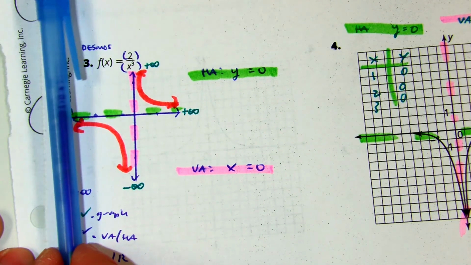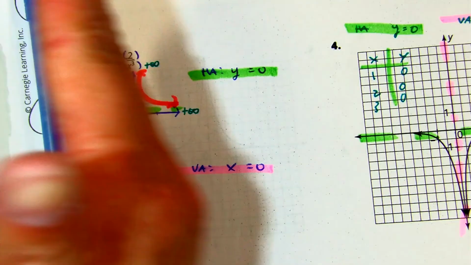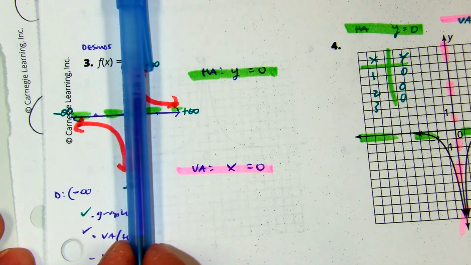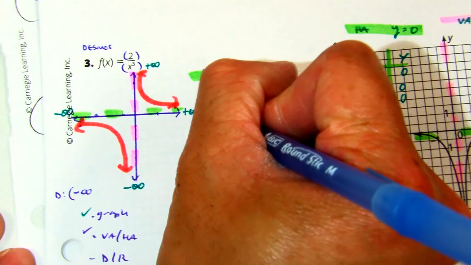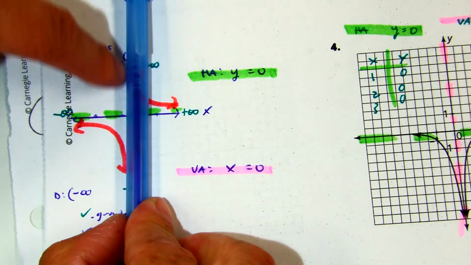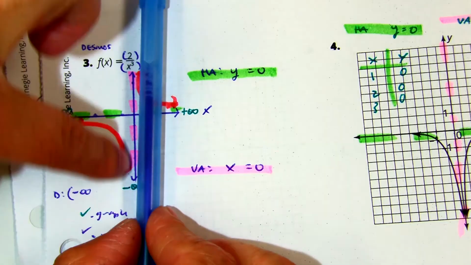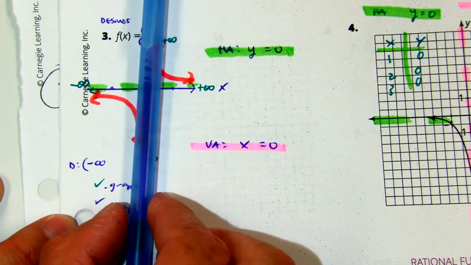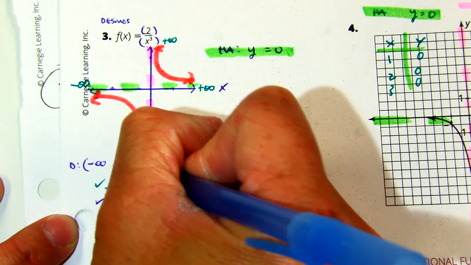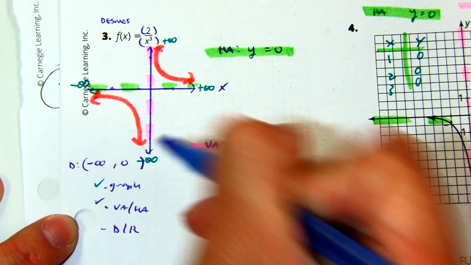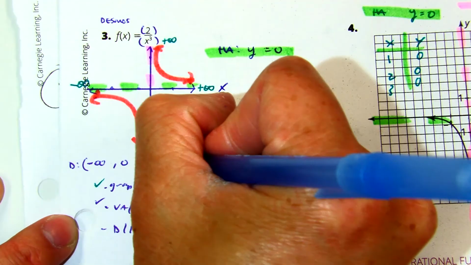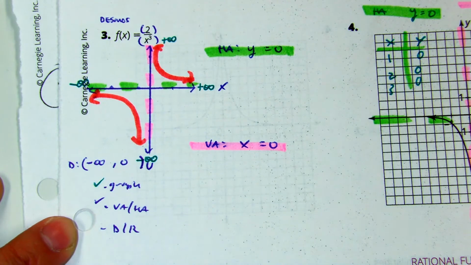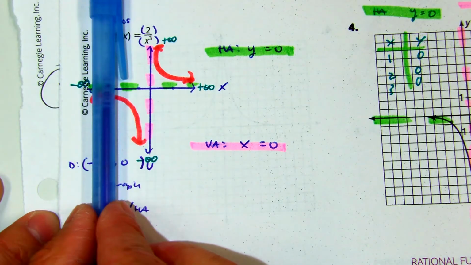Okay? Now as I move my graph towards the right, I have all the negative numbers, but then I'm stopping here on the x-axis at 0. Friday's lesson was saying, well, this vertical asymptote, you can't touch this. What does that mean? We can't include 0. Now, this is new. Union. Class, what does the U mean? It's going to combine the left side of the graph with the right side of the graph.